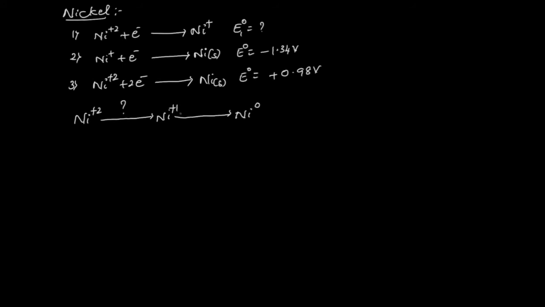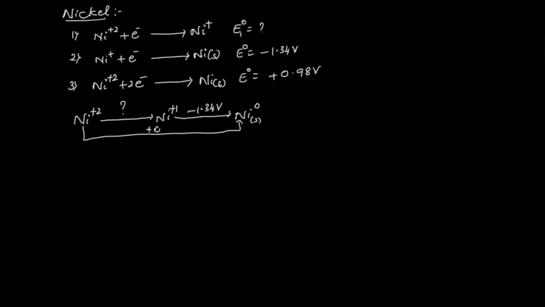We need to calculate it. And nickel +1 to 0 conversion is, you can see here, minus 1.34 volt. And for the conversion of nickel +2 to nickel 0 it is plus 0.98 volt. By using these values, we can calculate the E naught value for the first step.